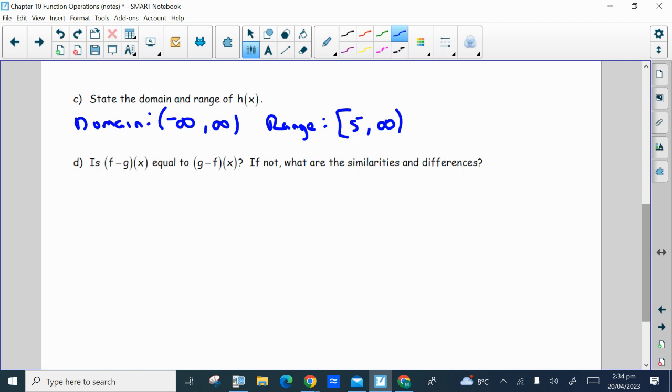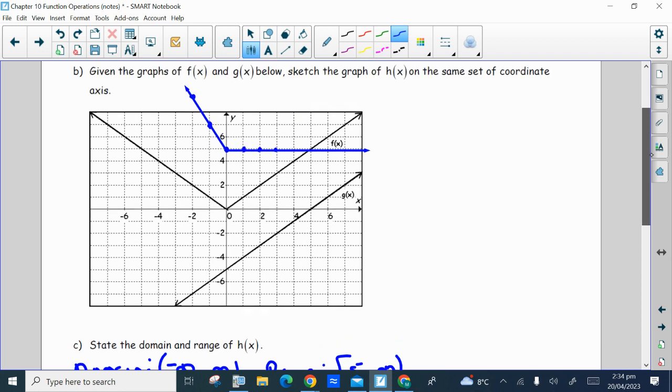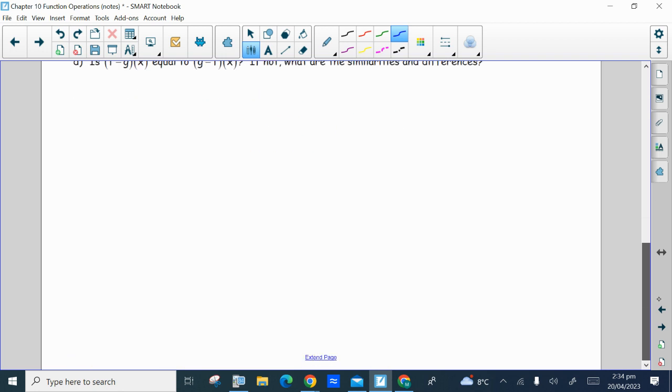So part D asks, is f minus g at x equal to g minus f at x? So we already have f minus g at x above. We've already calculated that. It is the absolute value of x minus x plus 5.